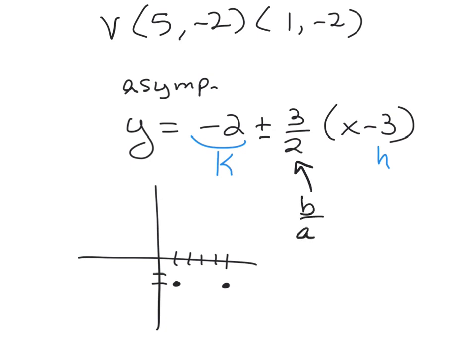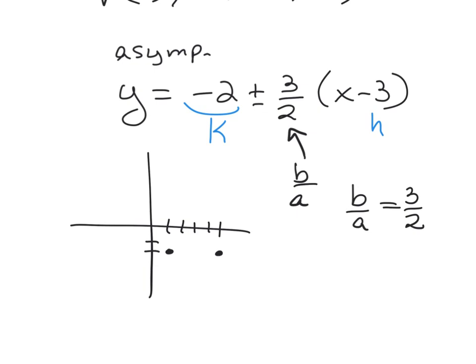So I'm going to go ahead and set b over a equal to 3 over 2. I can cross multiply, and I can get 2b equals 3a. And then I can divide, and b equals 3 over 2a.